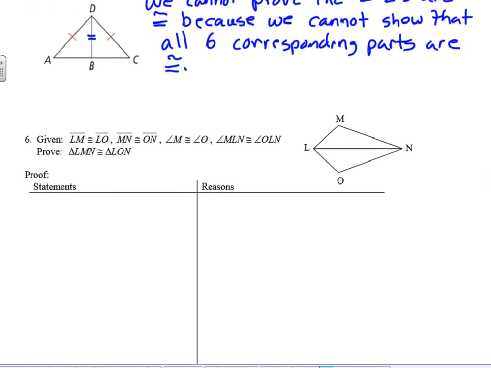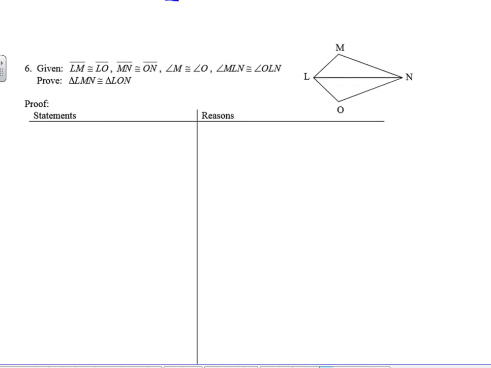All right, so our last one is we are going to be able to prove, and it's given that LM is congruent to LO, so let's mark that, and then MN is congruent to ON. Okay, now here's what we get for free.